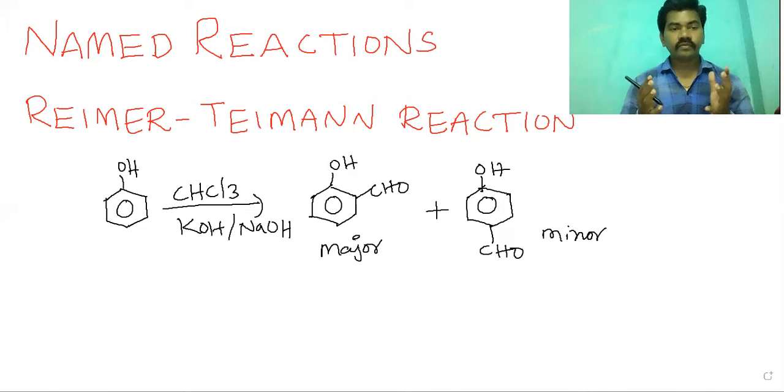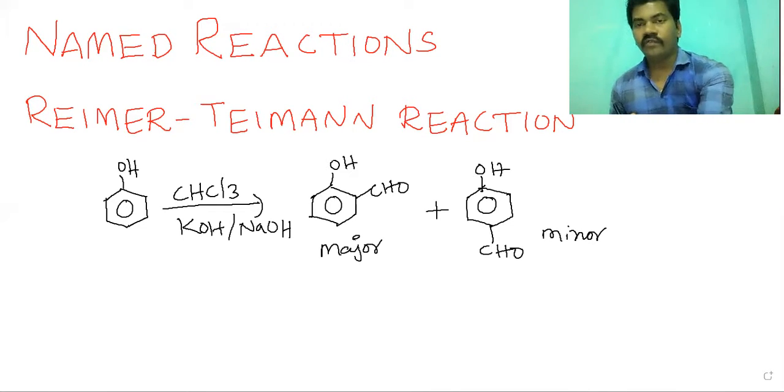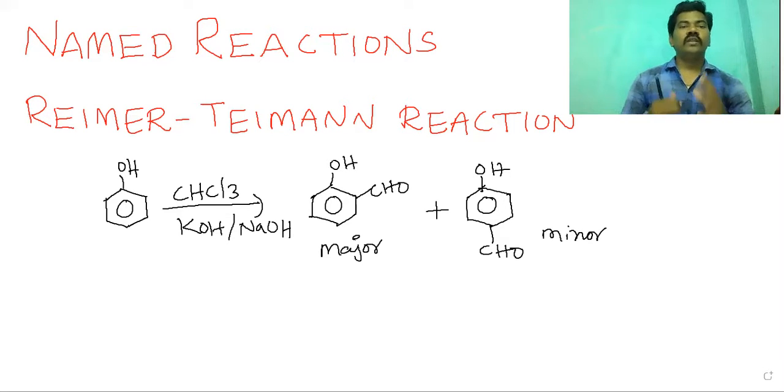Now the mechanism of the Reimer-Tiemann reaction begins with the deprotonation of chloroform by a strong base to form the trichloromethyl carbanion. First, deprotonation of chloroform takes place. This carbanion quickly undergoes alpha elimination, where chlorine is eliminated, and gives rise to dichlorocarbene, the principal reactive species for the reaction.